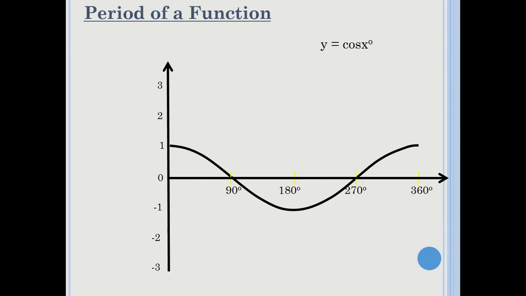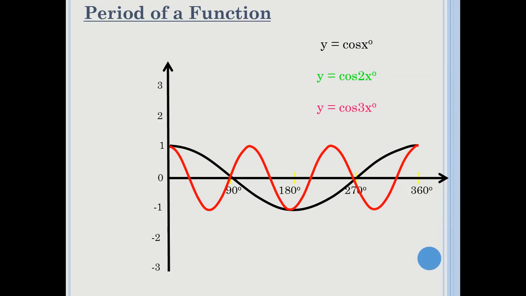Let's have a look at the cosine graph. So we've got y equals cos x drawn in there. If we add a 2 in front of the x, then what we find, very much in the same way as the sine graph, is the cosine graph repeats itself twice as well. If we add a 3, we find the same thing happening again.